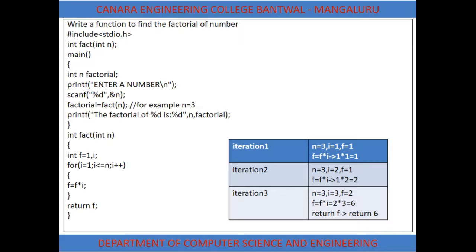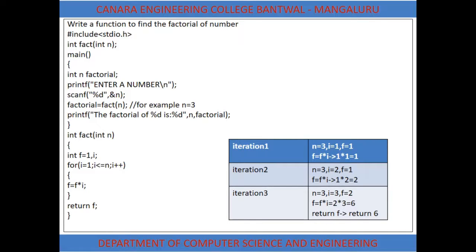Now once the function call is executed, control will go to the fact function. Now int fact, int n. Now for example, I have taken n as 3 here, so that 3, the actual parameter, will be copied to the formal parameter n over here.